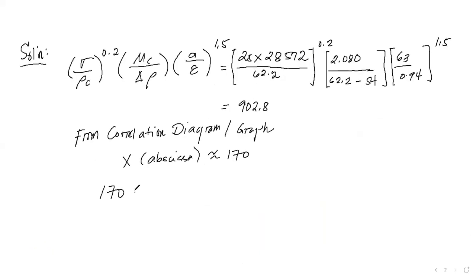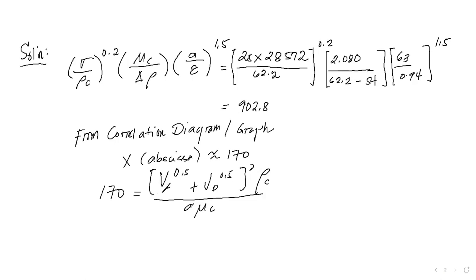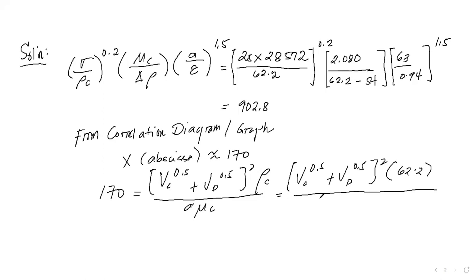So you have to equate this one with V sub C raised to 0.5 plus V sub D raised to 0.5, this is squared, multiplied by rho sub C divided by A times mu sub C. The purpose is we'll have an equation in V sub C and V sub D. If we substitute values, these two still being unknown, your rho sub C is 62.2, your A is 63, and your mu sub C is 2.080.